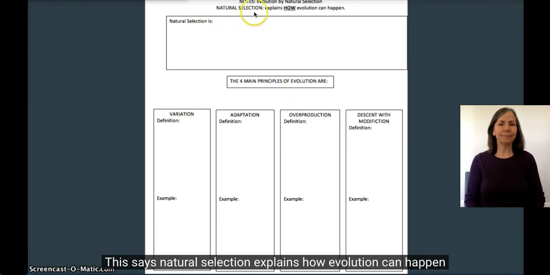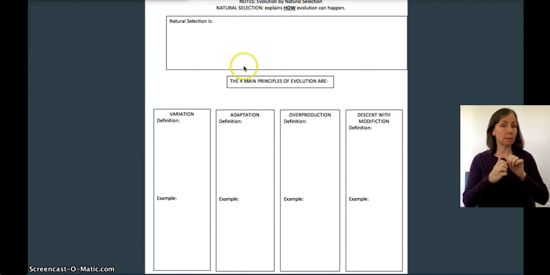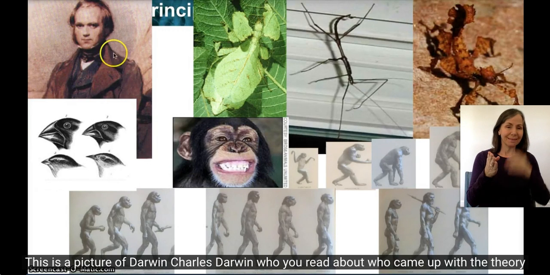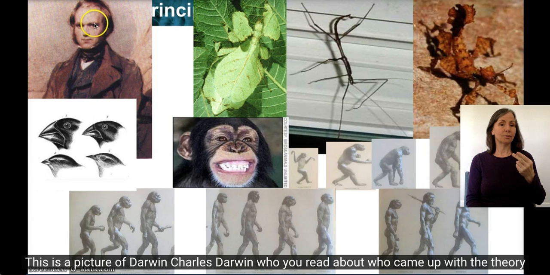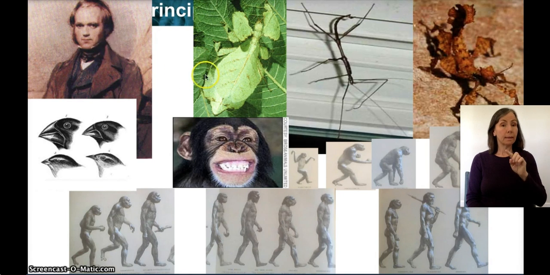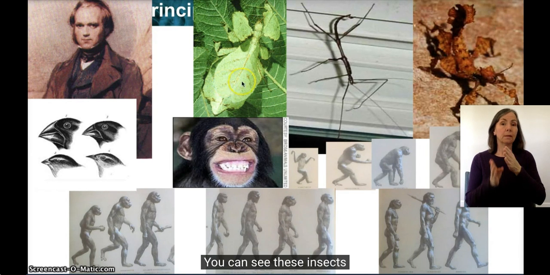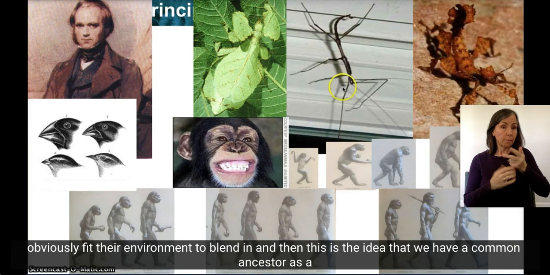This says natural selection explains how evolution can happen. This is a picture of Darwin, Charles Darwin, who you read about, who came up with the theory. This is just a whole bunch of organisms. You can see these insects obviously fit their environment to blend in.